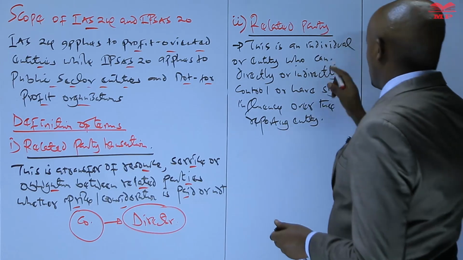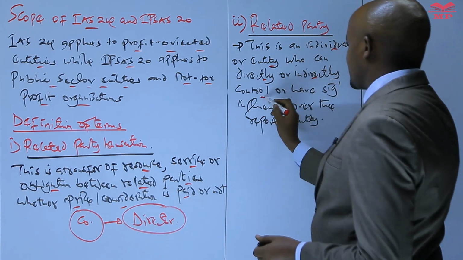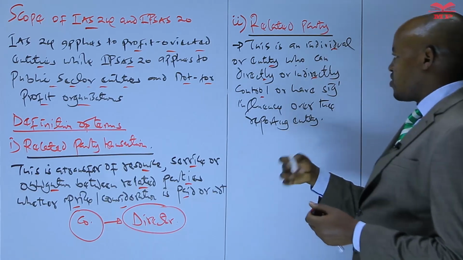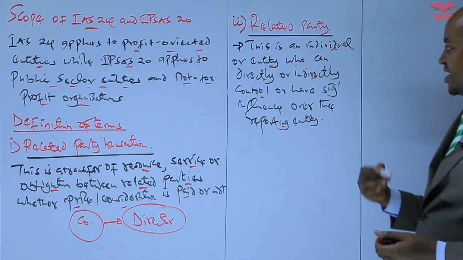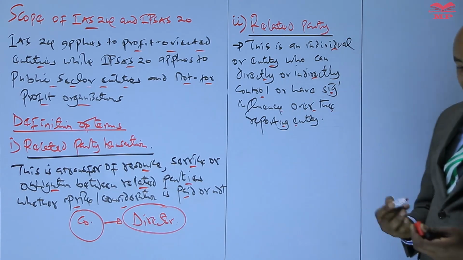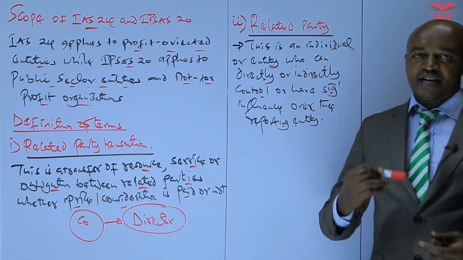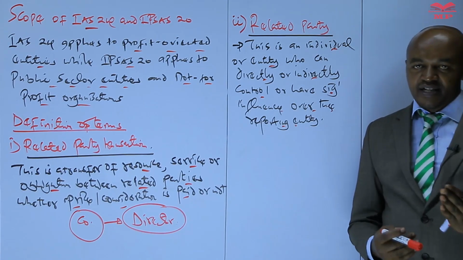We are talking of controlling the decisions which will be made by the reporting entity, or a person who can influence those decisions. Such a person is said to be a related party.